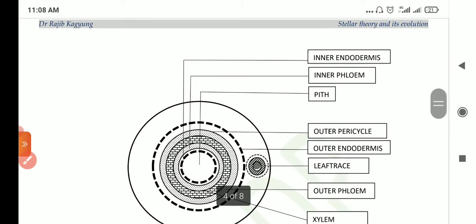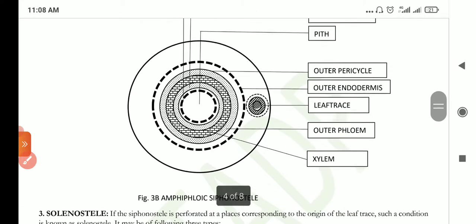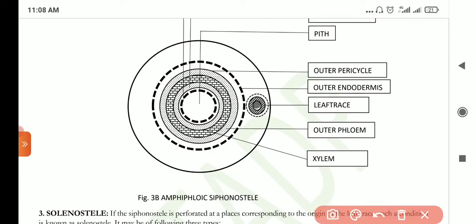Now let's look at the amphiphloic. Do you see something different here? Yes, there is a pith first, as usual in siphonostele, but then instead of xylem, we are getting phloem from the inside. Then in the middle you have xylem, and then outside also you get phloem.